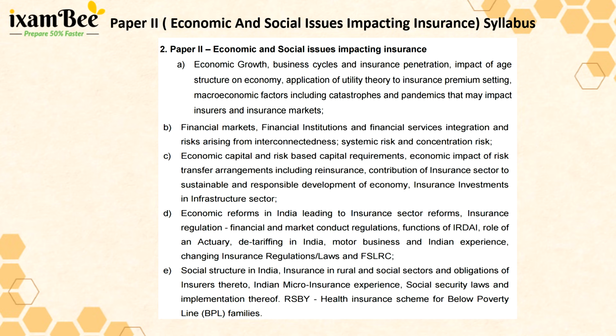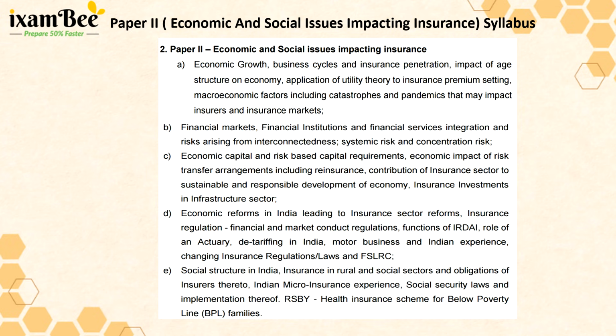Area C is economic capital and sustainable development, risk based capital requirement for insurers, and how reinsurance helps manage risk. Insurance sector's role in sustainable development and investment of insurance funds and infrastructure. Area D, which is economic reforms and regulations, how India's economic reforms affected insurance.